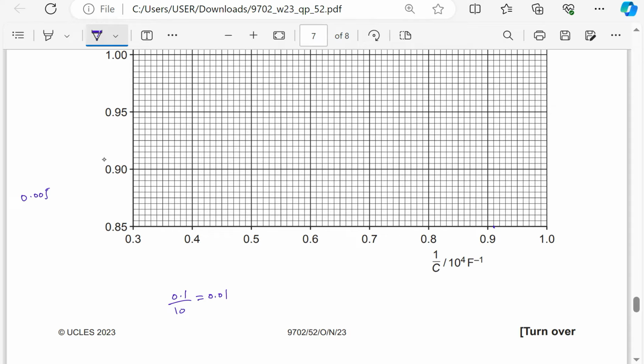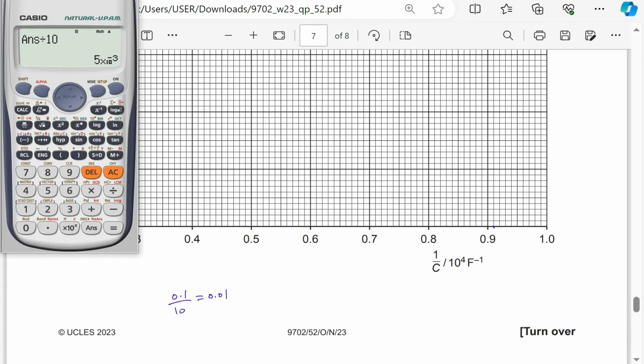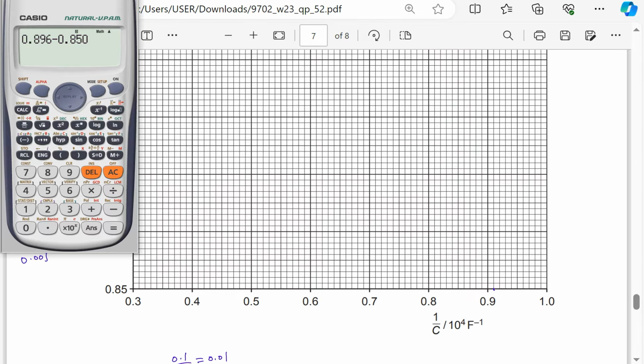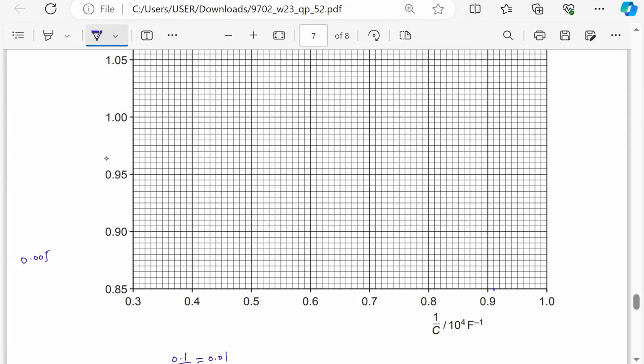Then 0.896, starting from 0.850, I'm dividing by the scale on the vertical, 0.005. So I must add approximately 9 boxes from 0.85: 1, 2, 3, 4, 5, 6, 7, 8, 9. So this should be approximately here.